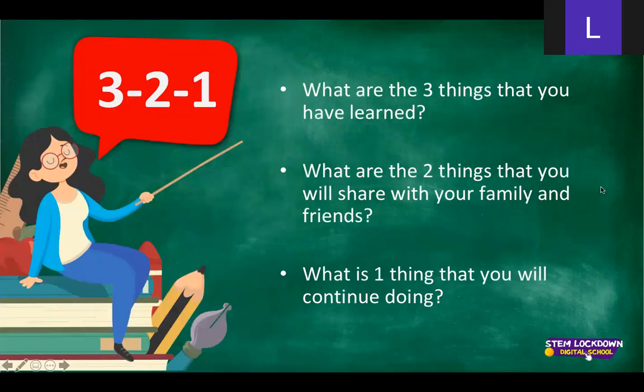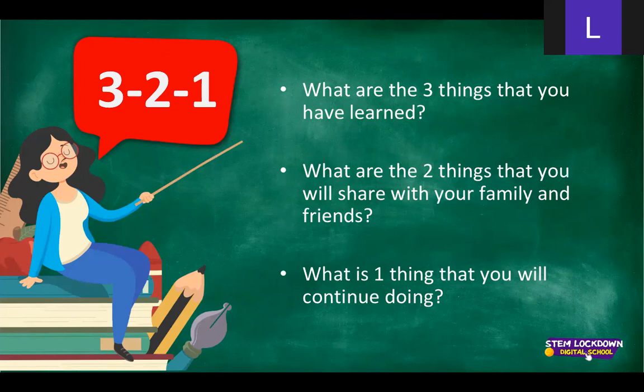So yesterday we focused on the KWL method, which was what do you know, what do you want to know, and what have you learned. Today we're going to focus on the 3-2-1 method. Make sure you pay attention to this lesson, because at the end of this lesson, I'm going to ask you these three questions.